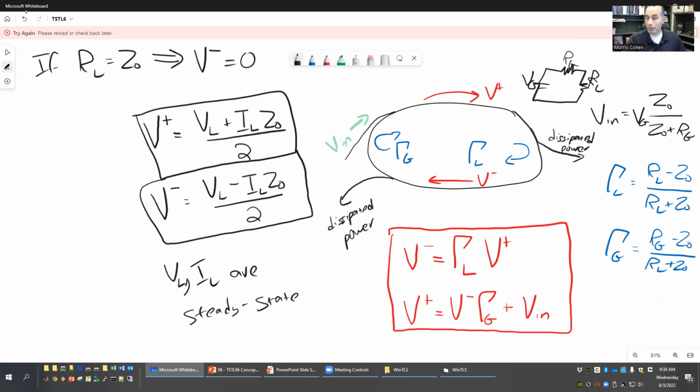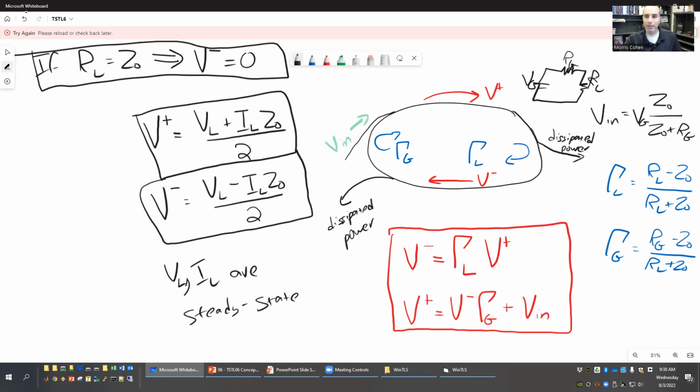Now that's very comforting, because we know that if the load has the same resistance as the impedance of the line, then the reflection coefficient is 0. Therefore, there should be no V negatives. There should never have been a negative going wave to begin with. And so this works out. You can demonstrate this yourself. That is one way to do a quick sanity check to make sure that what we've got makes sense.